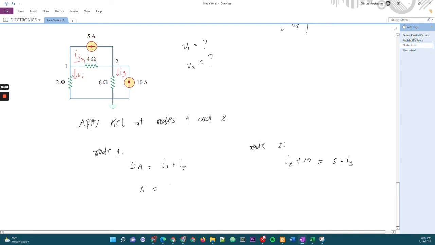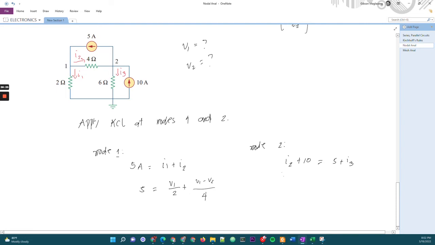So we have V1 over 2. Right? So we have V1 over 2 plus your I2, so we have V1 minus V2 over 4.